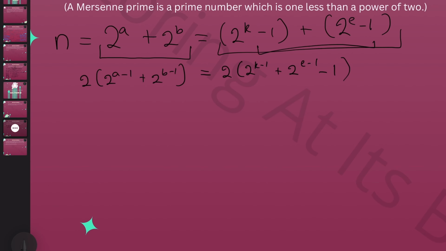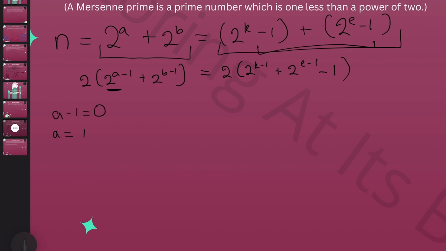So what we end up with here is two brackets that are equal, and it looks like one is odd and one is even. And that can't be true because they have the same value. So it must be that something that looks like it's even is odd. And the only way that can happen is if this is a 1. And so if a minus 1 is 0, we know that a is equal to 1.